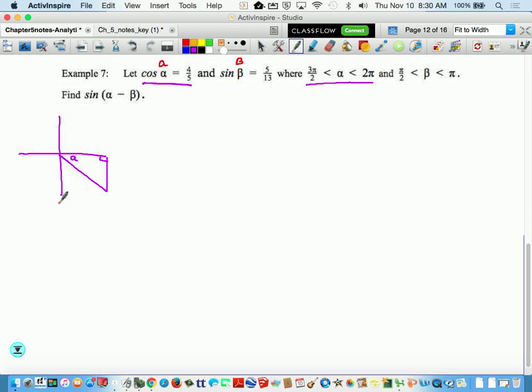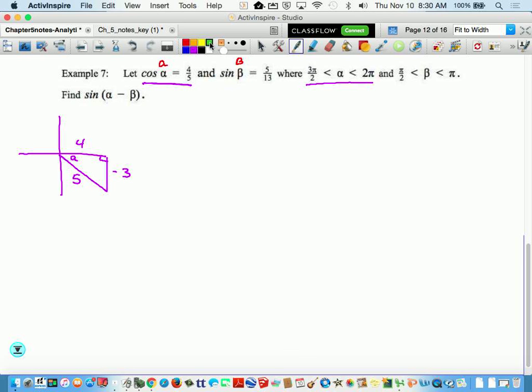We'll put our little a or alpha in the corner. Adjacent over hypotenuse. So 4 is the adjacent, hypotenuse is the 5. What's the missing side? It's a 3, 4, 5 triangle. But remember, in this diagram, the 3 is in a downward direction, so you have to make it negative.